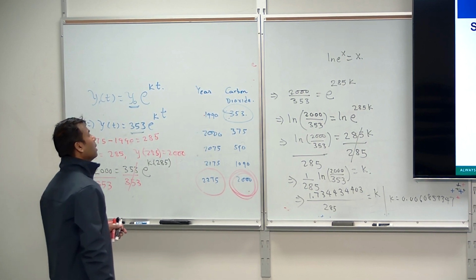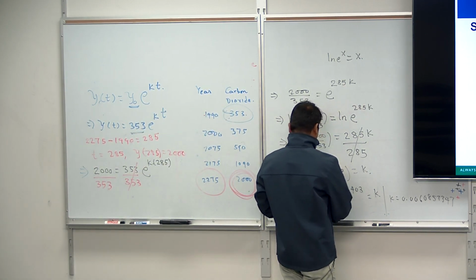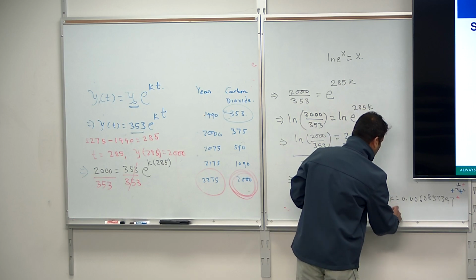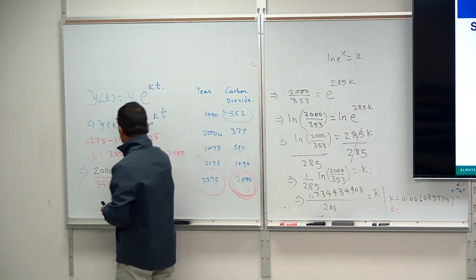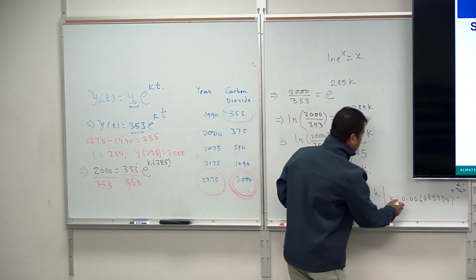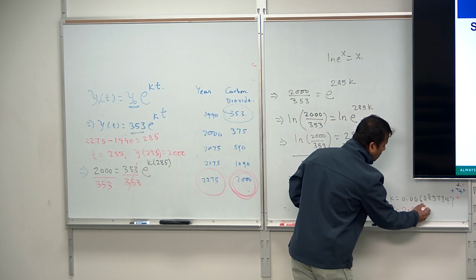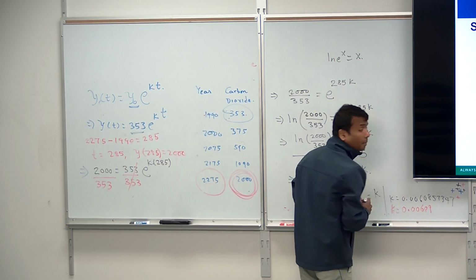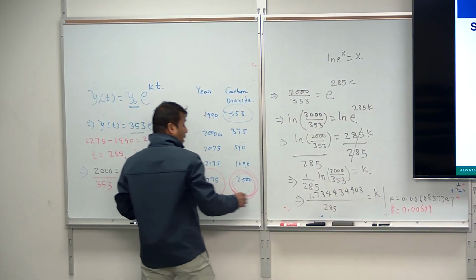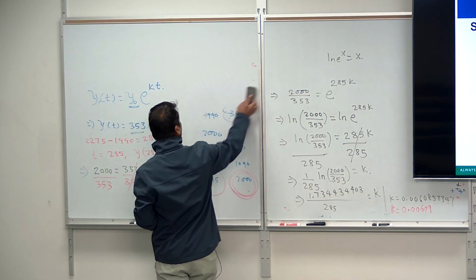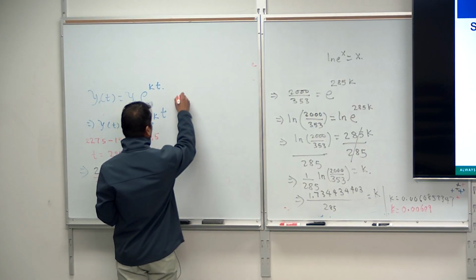If you round to 5 decimal places, this is going to be k equal to 0.00609. 1, 2, 3, 4, 5. So now you plug in back the value of k here.